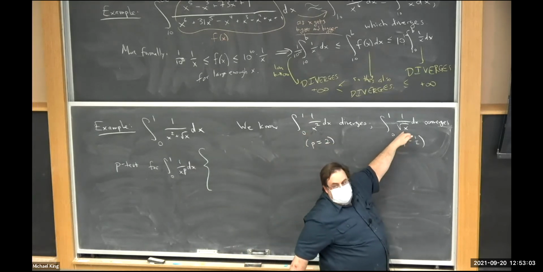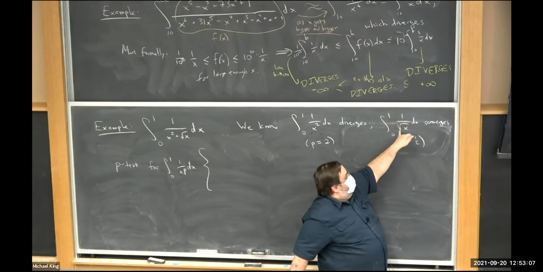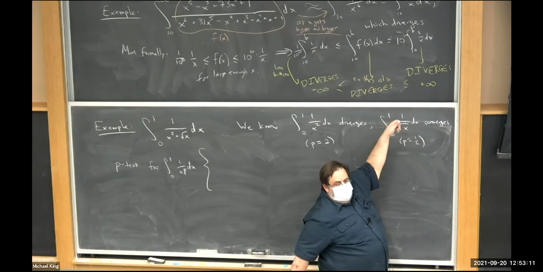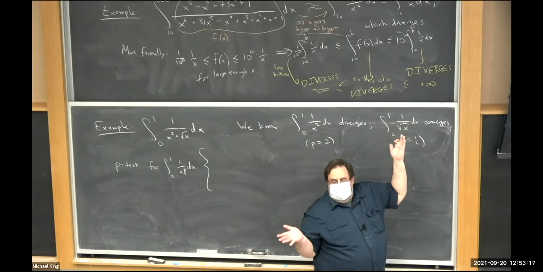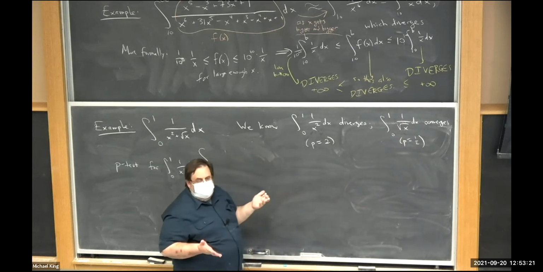When you integrate this, you end up with an x to the positive 1/2 in your antiderivative, right? Because this is x to the minus 1/2 power, and when you anti-differentiate you add 1 to the power, so you end up with an x to the 1/2. But now plugging 0 into x to the 1/2 is fine. That's just square root of 0.